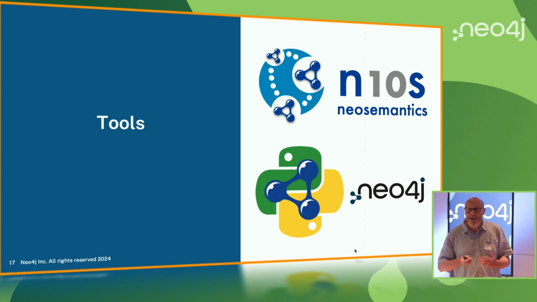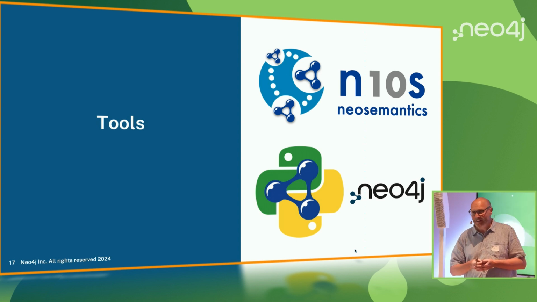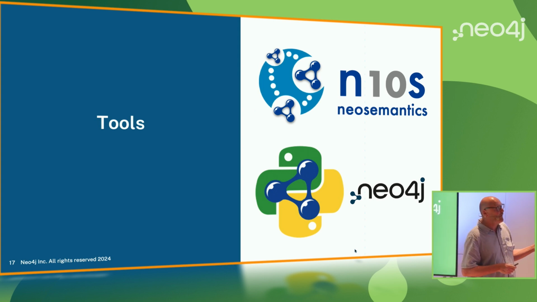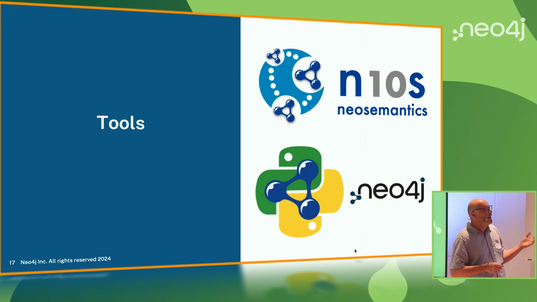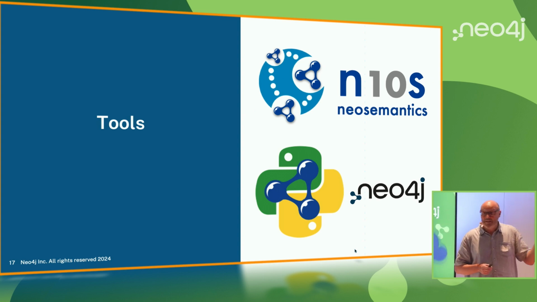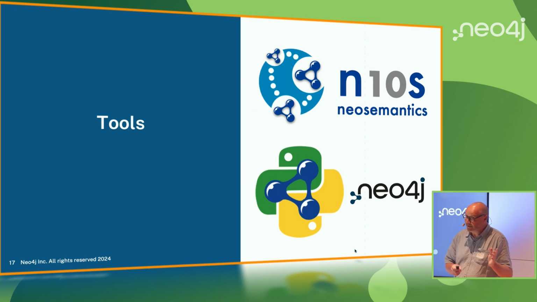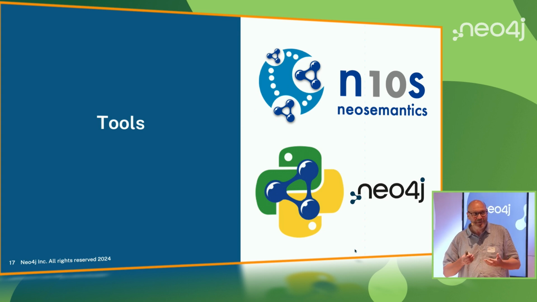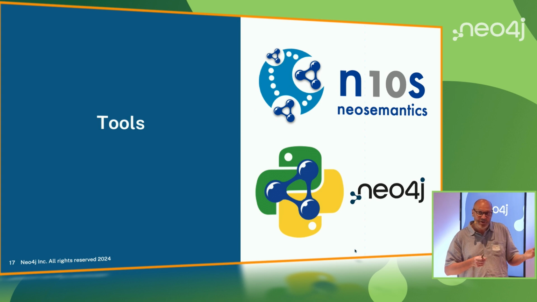Okay, so how are we going to migrate that data between the systems? Traditionally, we've had a couple of community-supported tools from Neo4j. One of them is Neosemantics, which is available as a plugin into Neo4j infrastructure, but it's not available on our Aurora platform.